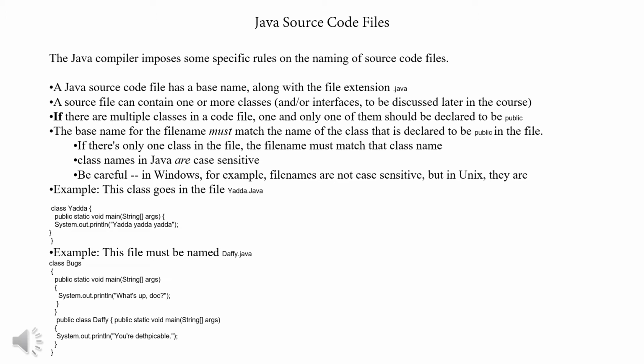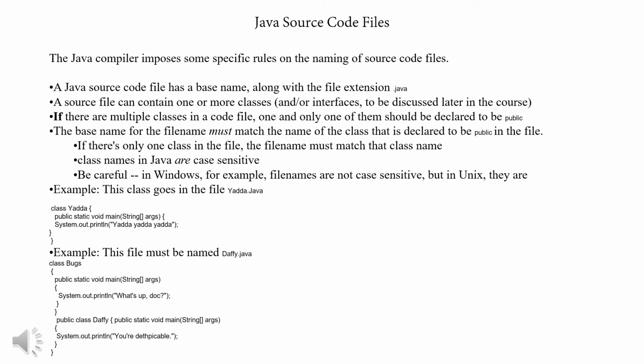Then in each Java program, we will have one or more classes. The name of the file needs to be the same as the name of the class that is declared to be public.